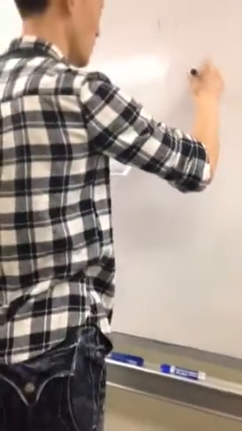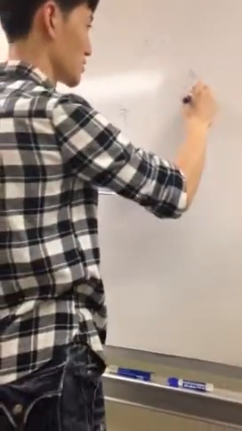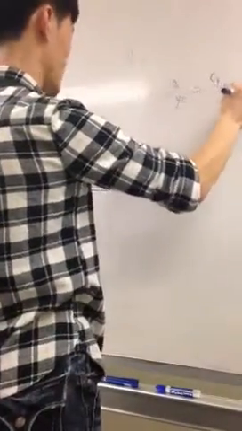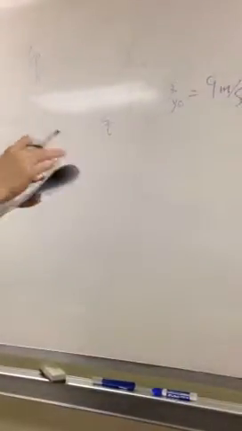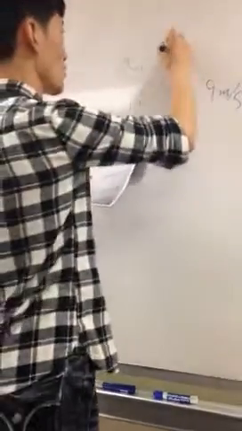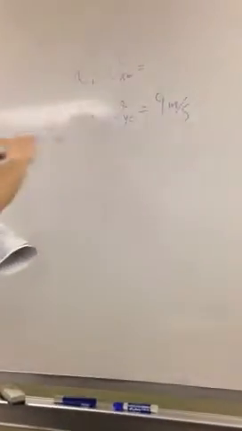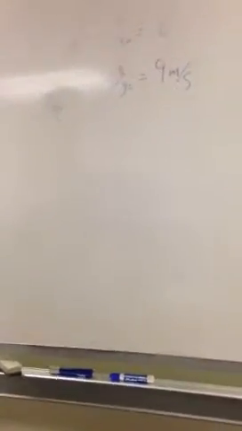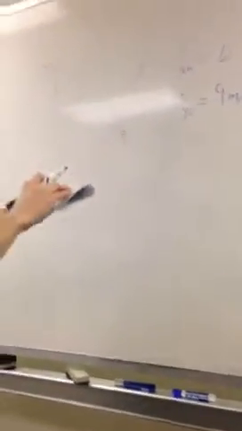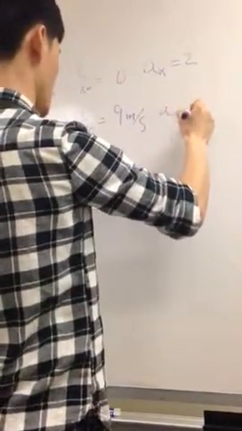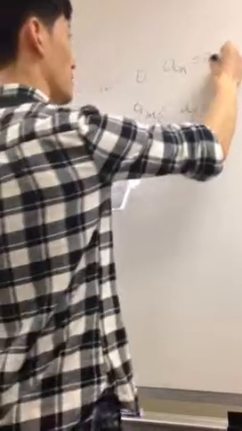So the initial y velocity was 9 meters per second, and the initial velocity along the x-axis was 0. Okay? And then the acceleration, ax, was 2, and ay is 4 meters per second squared.